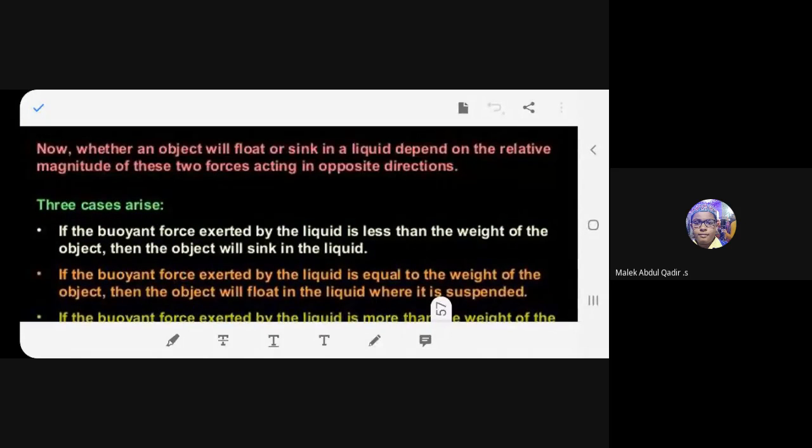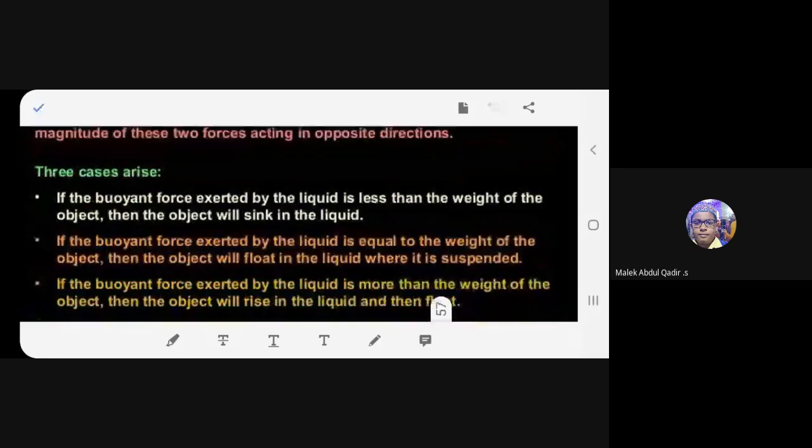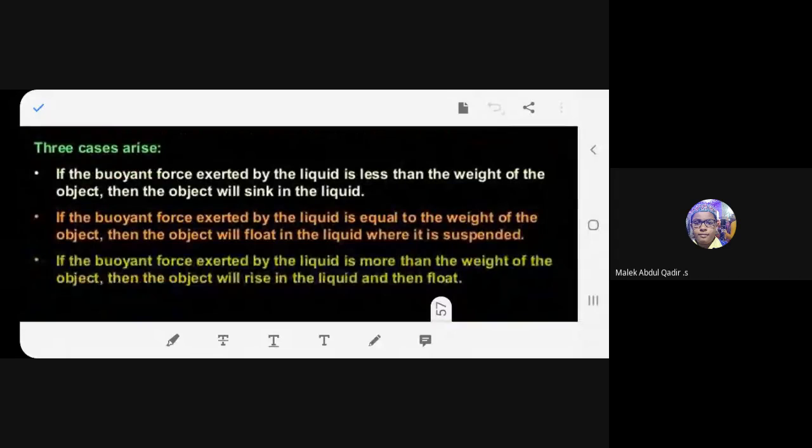Now whether an object will float or sink in a liquid depends on the relative magnitude of these two forces acting in opposite directions. Three cases arise. If the buoyant force exerted by the liquid is less than the weight of the object, then the object will sink in the liquid.